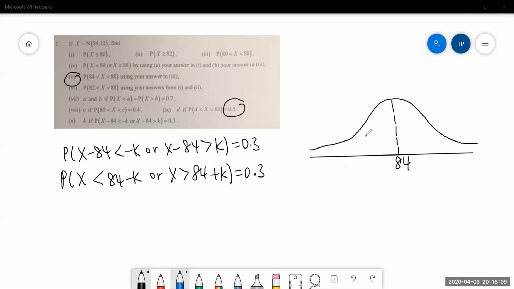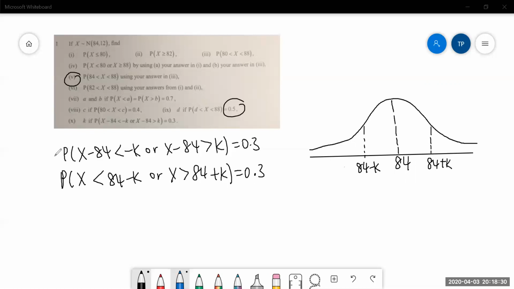So 84 minus K, where is it? It's smaller than 84. Right here we are assuming that K is positive. The question should have mentioned whether it is positive or not, but we are assuming it that way. So here is 84 plus K.